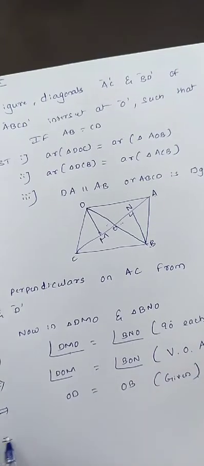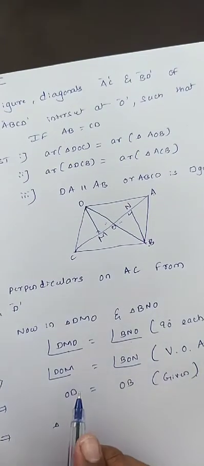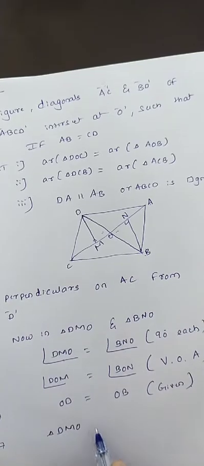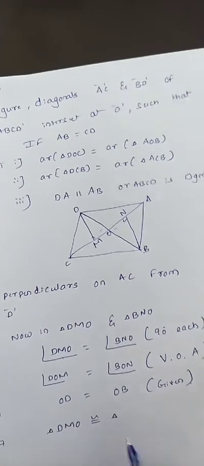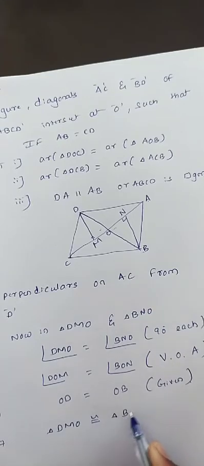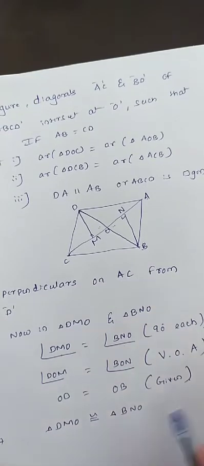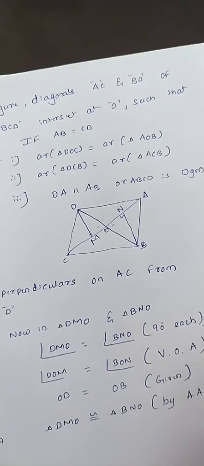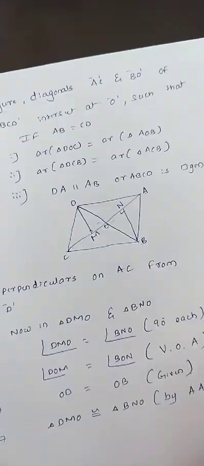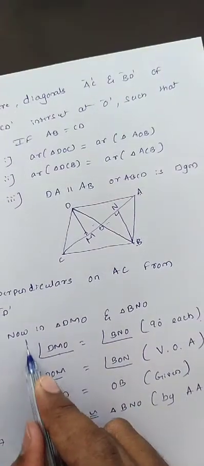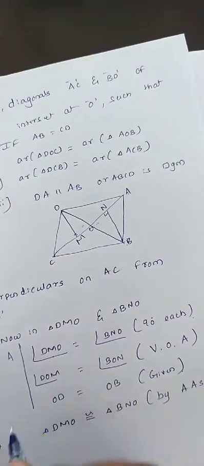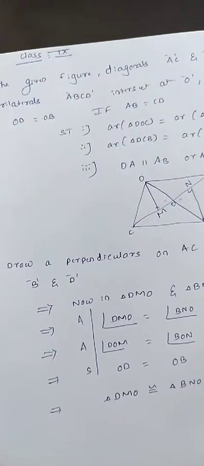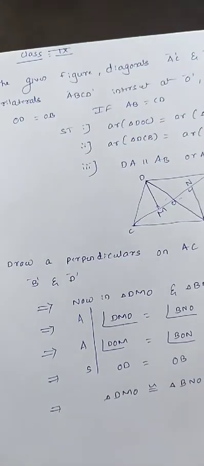And I can write that triangle DMO is congruent to triangle BNO by the angle angle side rule, AAS.